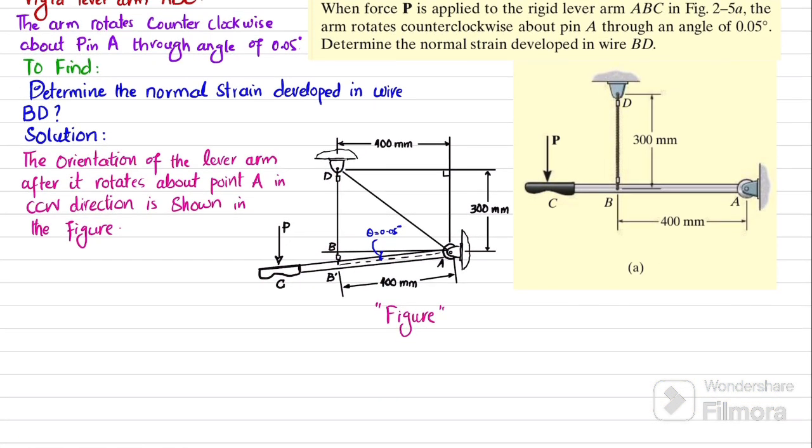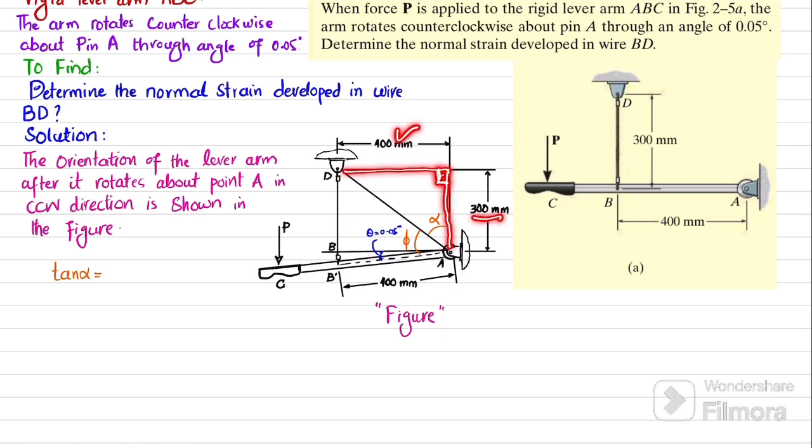First step is that let this angle be alpha and this total angle be equal to phi. So we'll find this alpha by using the formula tangent of alpha, for a right angle triangle. Over here, you can see this is 400 and this is 300, and these are at right angle to each other.